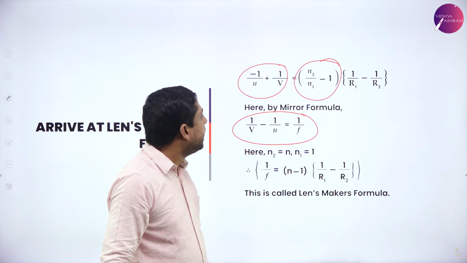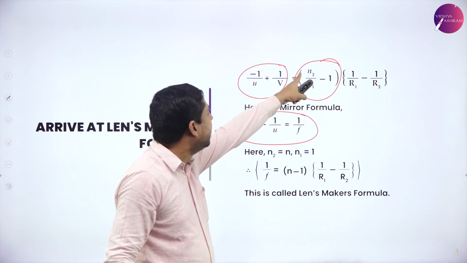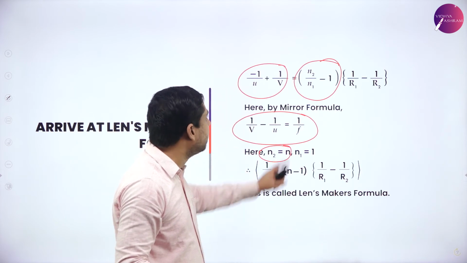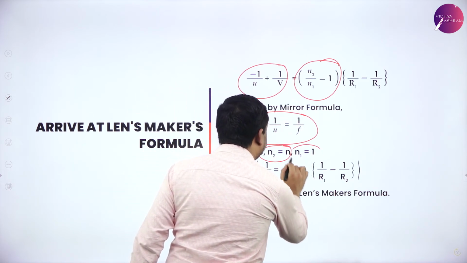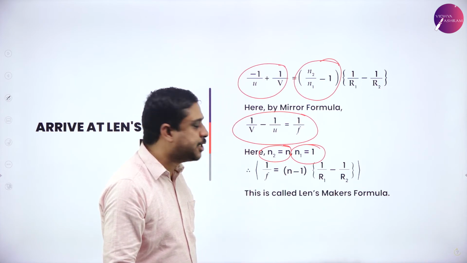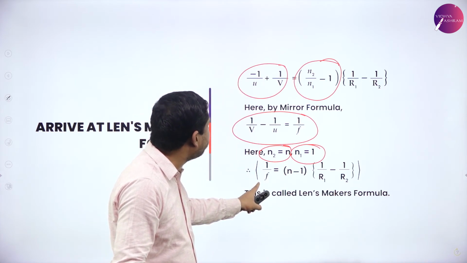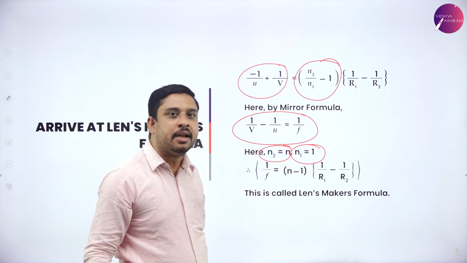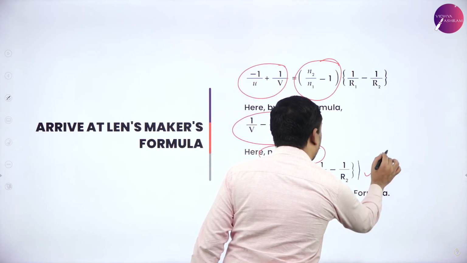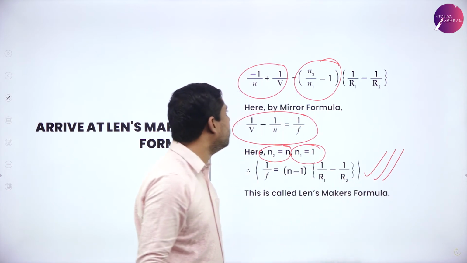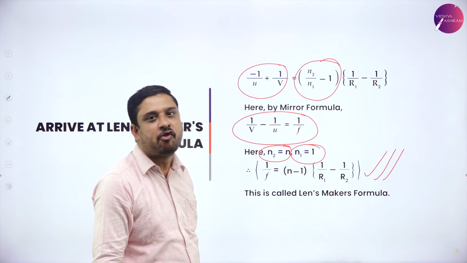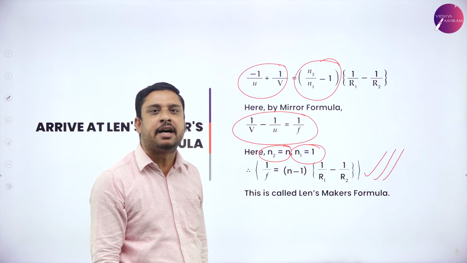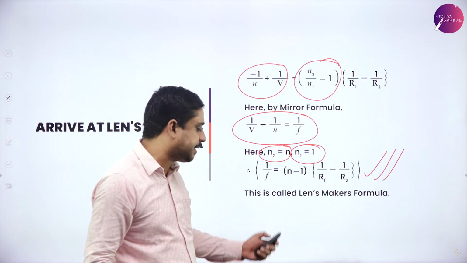Or here n2 by n1. N2 is refractive index of glass, which is n. N1 refractive index of air, which is 1. So 1 by f is n minus 1, 1 by r1 minus 1 by r2, and this is the famous lens maker's formula. As I told, this is often asked for 5 marks, so please do understand.